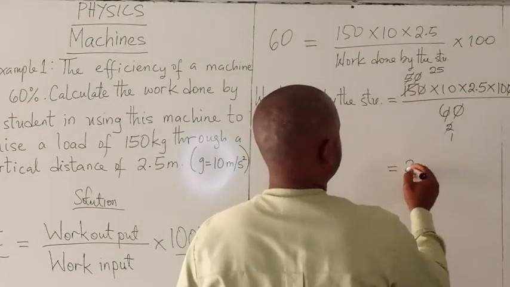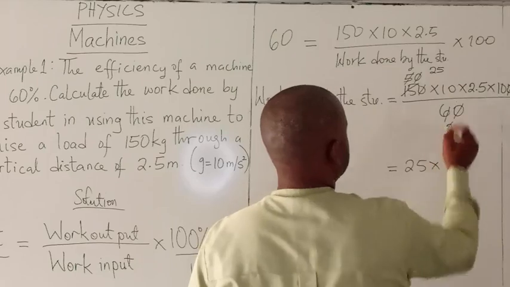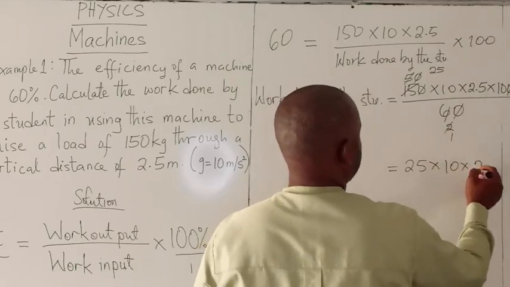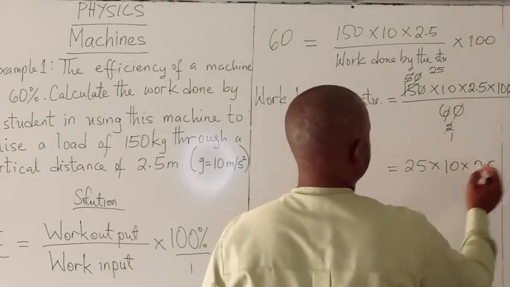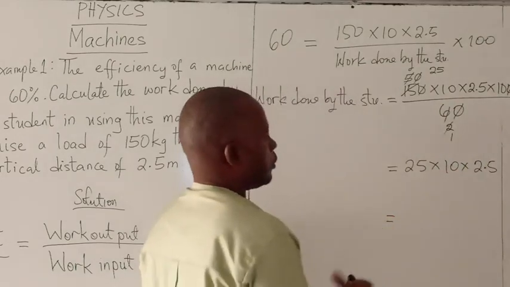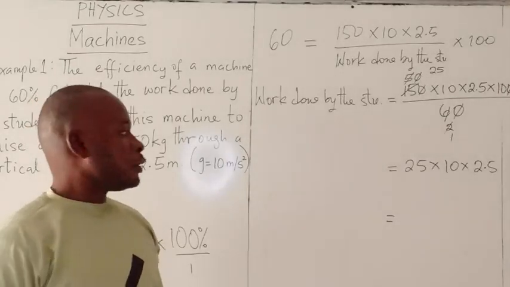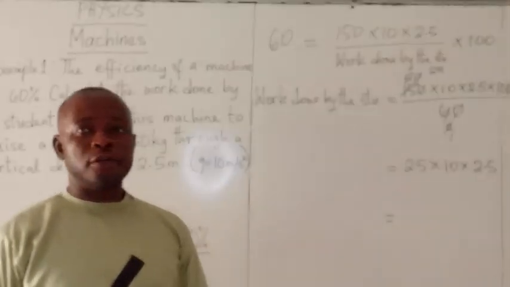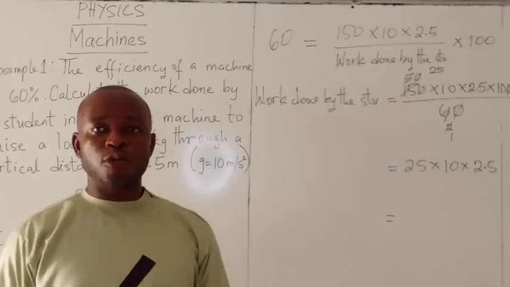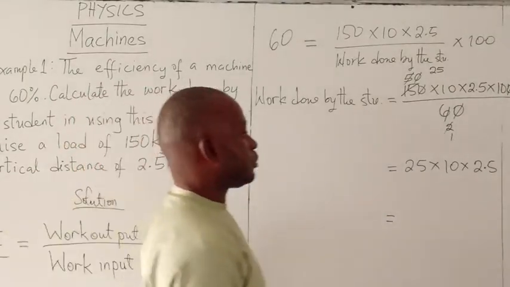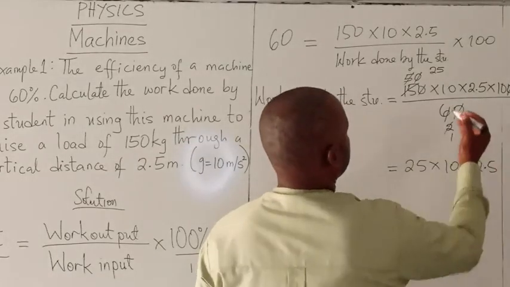We have 25 here, multiplied by 10, multiplied by 2.5. 10 multiplies 2.5. What does it give us? 25. 25 times 25. Do you remember the squares when you were in JSS2?